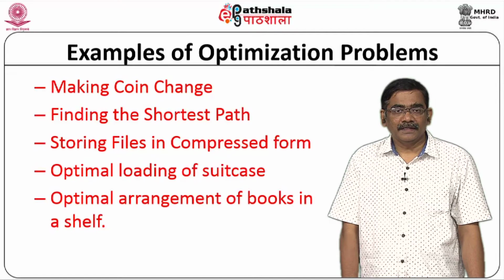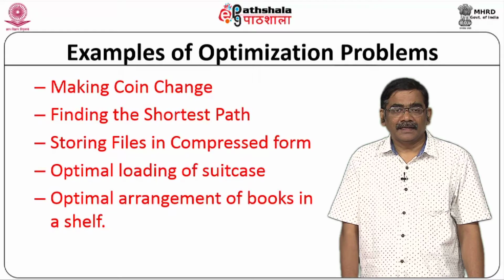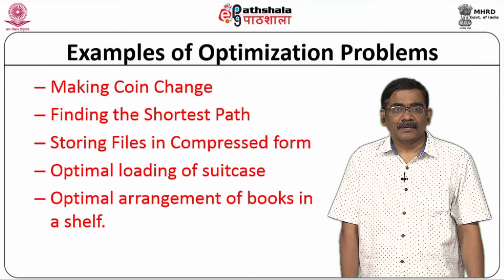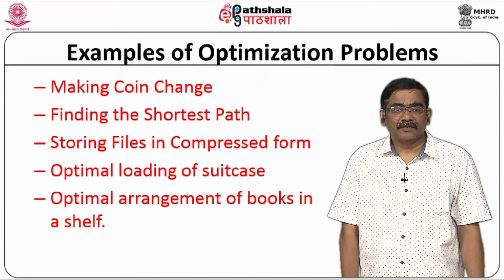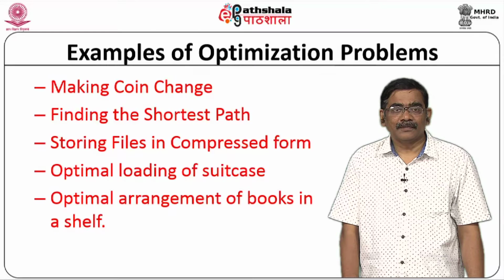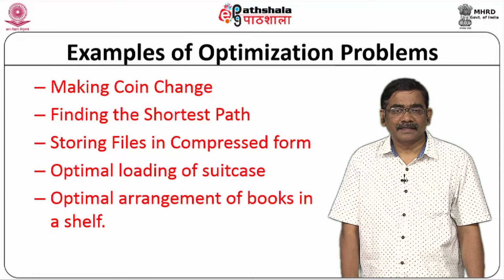If you see all these problems, you can see the common criteria. All these problems are optimization problems. You can see that the objective function is always something to maximize or something to minimize. For example, in the case of profit, it may be maximization.